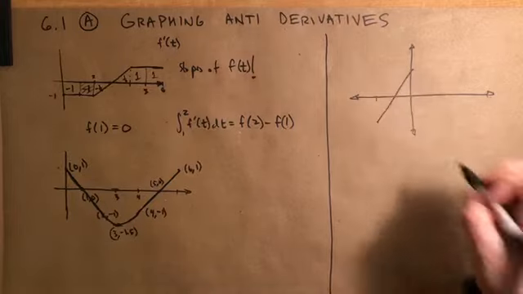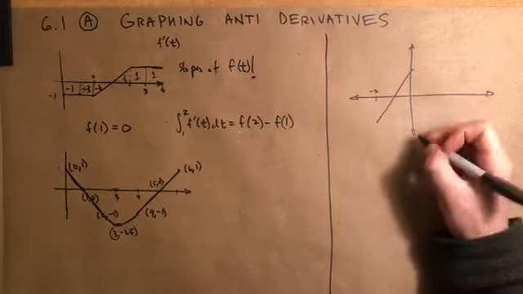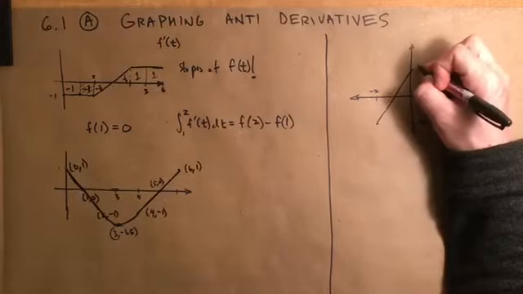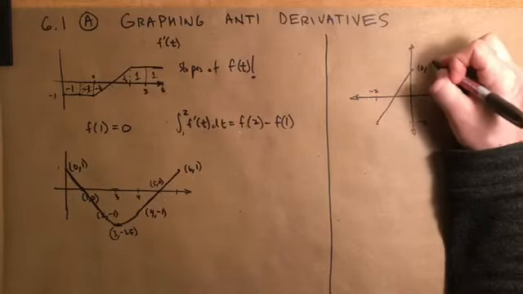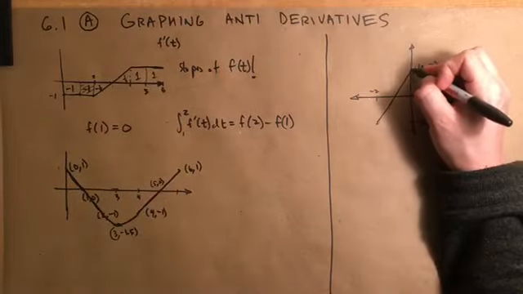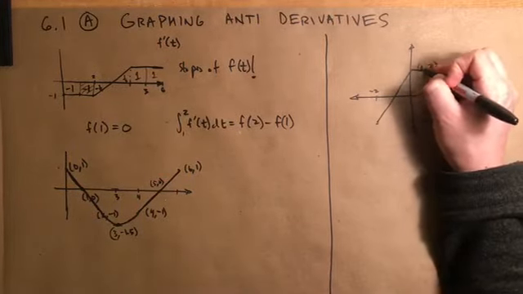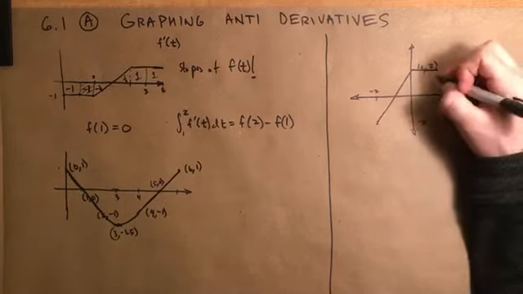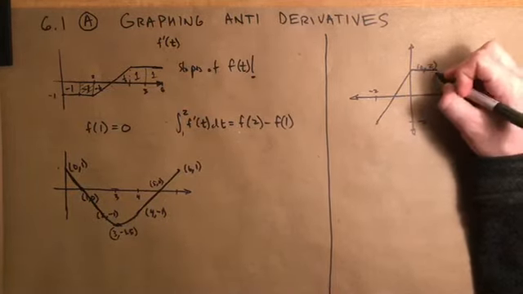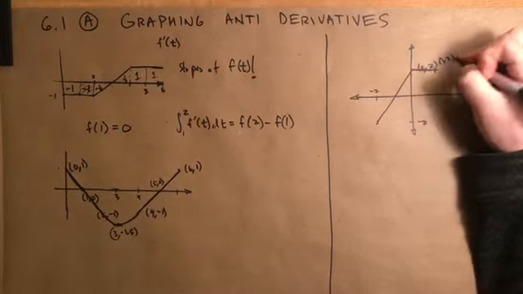Let's have this point be -2, -2. Let's have 0, 2 happen there. Let's go like so, to, let's call that point 1, 2.